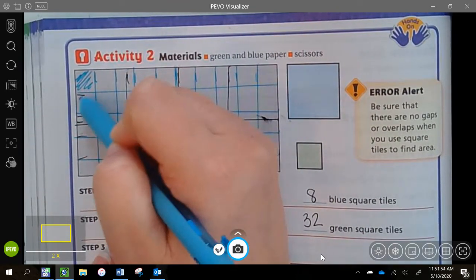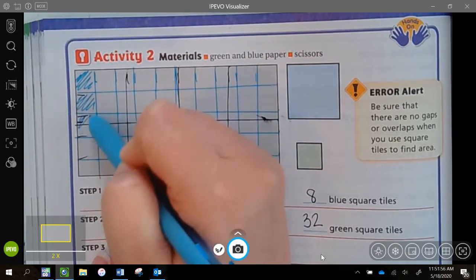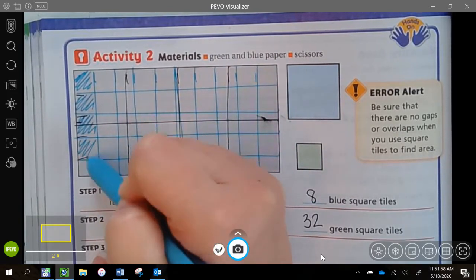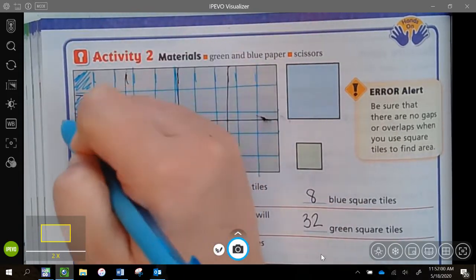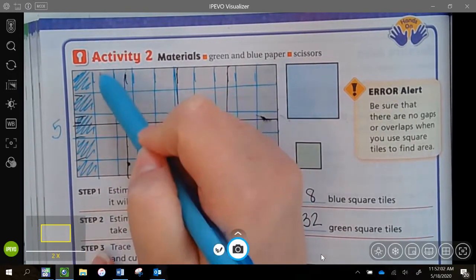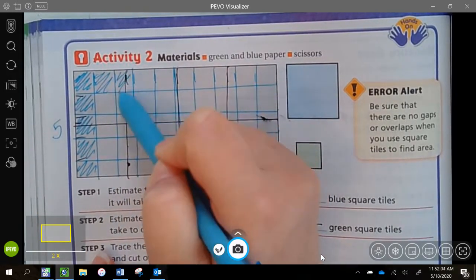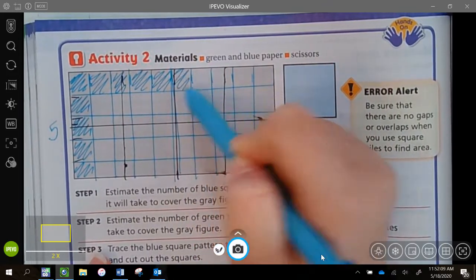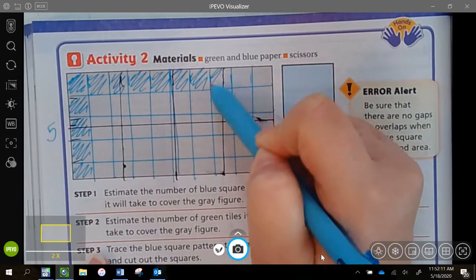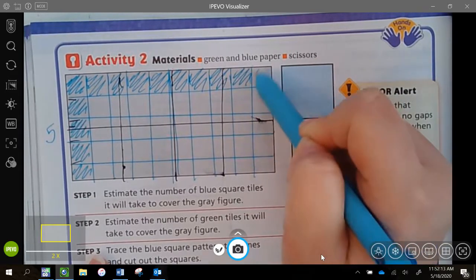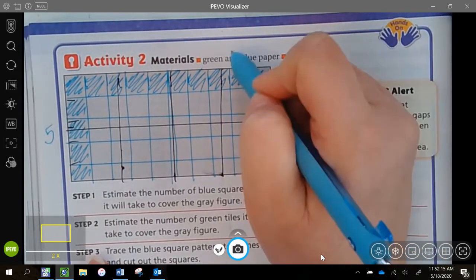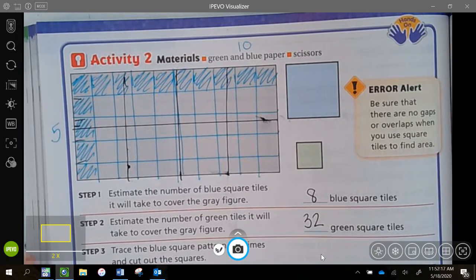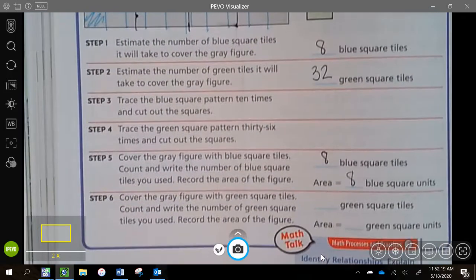So this is 1, 2, 3, 4, and 5. 5 times 1, 2, 3, 4, 5, 6, 7, 8, 9, and 10. So 5 times 10 is going to give us 50.